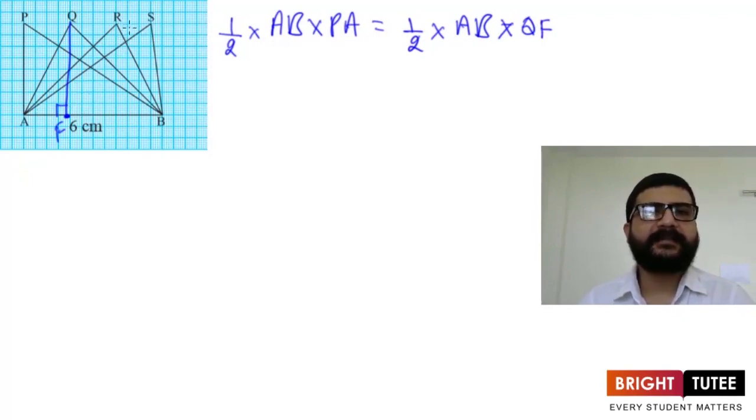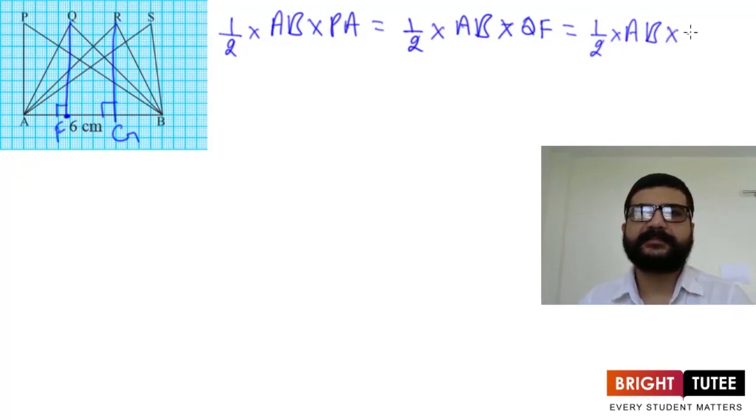Now for triangle RAB we can draw one perpendicular from R on the base like this. Let's say it is RG. Now we know RG is equal to PA only. So therefore the area of triangle RAB will be half into AB into RG.